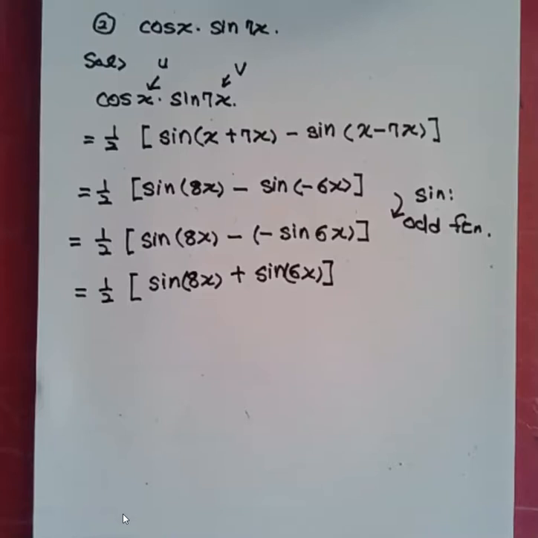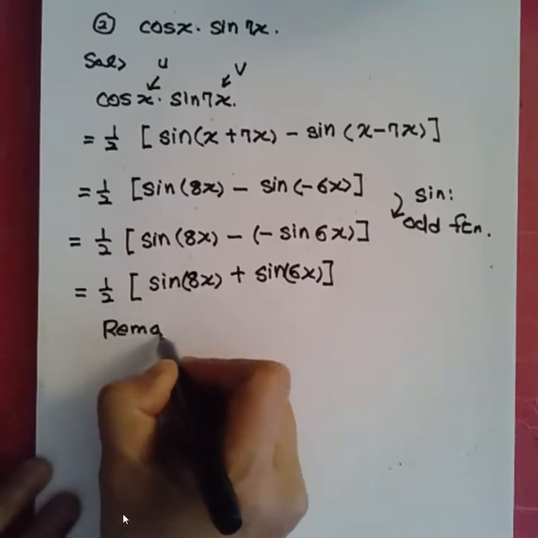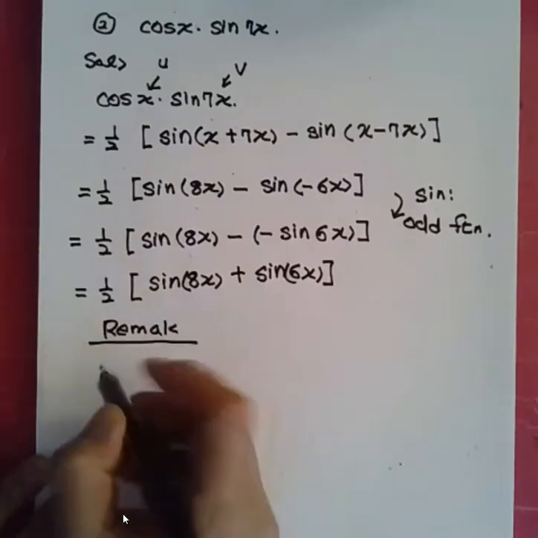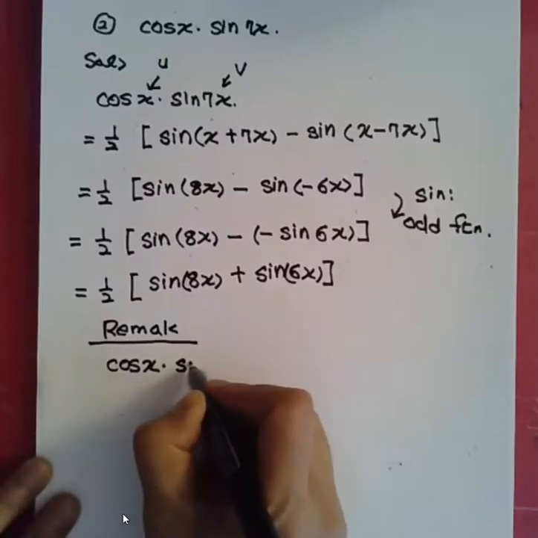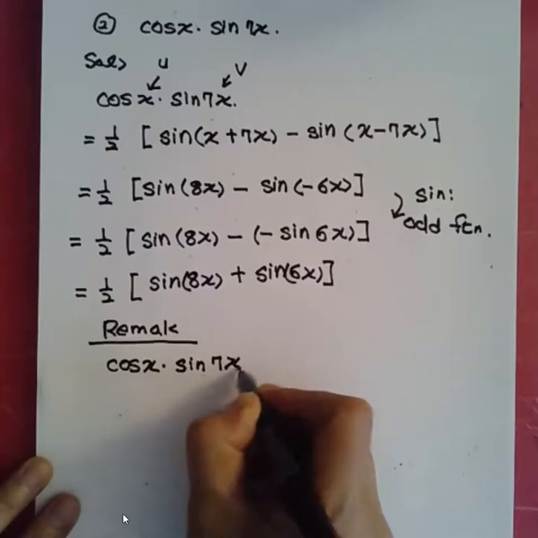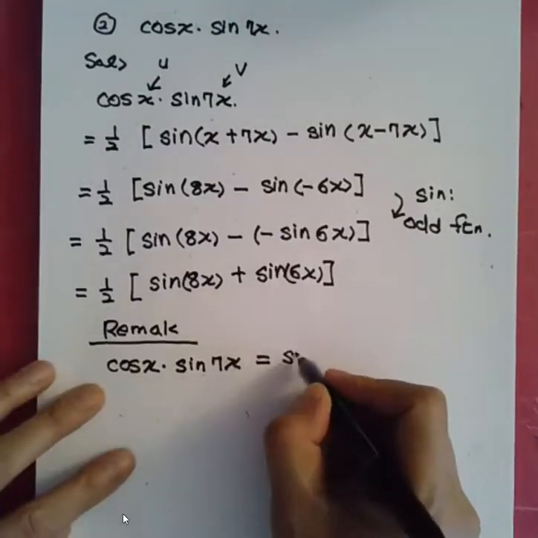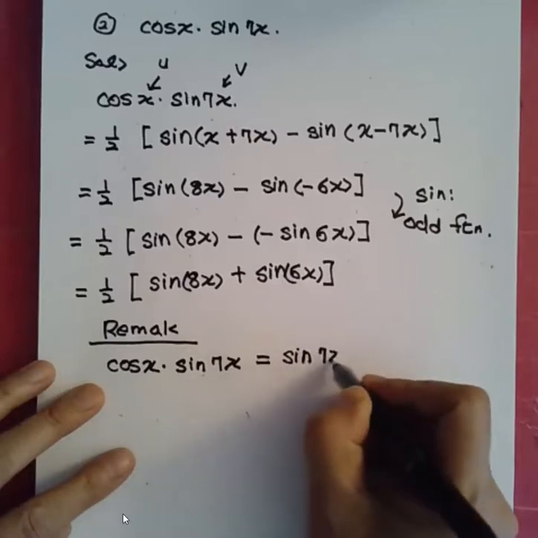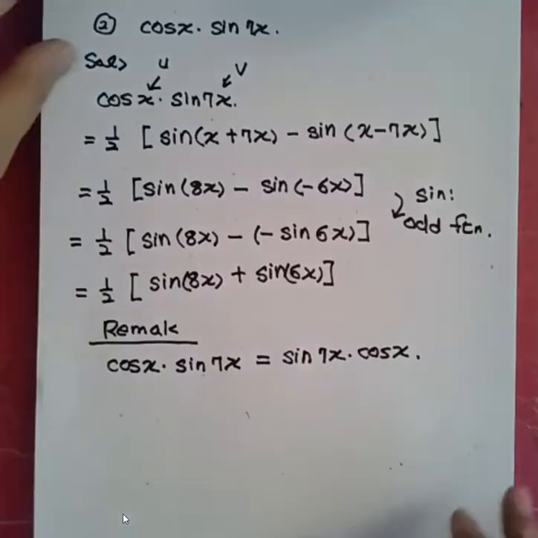The natural question for this type of question is: instead of writing cosine of x times sine of 7x, we can write the same thing as sine of 7x times cosine of x.